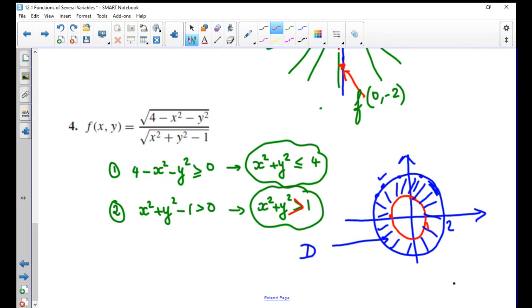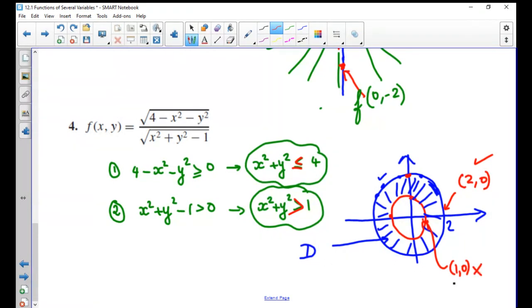Do you understand this? Circle of radius 2 is included because less than or equal. So points like, for example, the point 2, 0 is fine. You can check that if you want, f of 2, 0 will be perfectly okay. But a point like 1, 0, will you be able to find f of 1, 0?